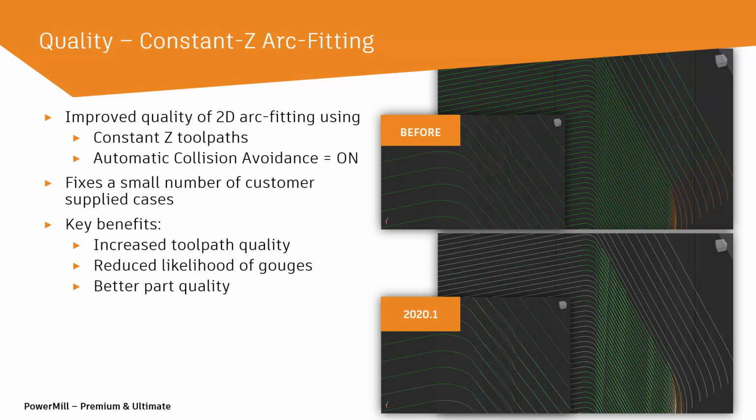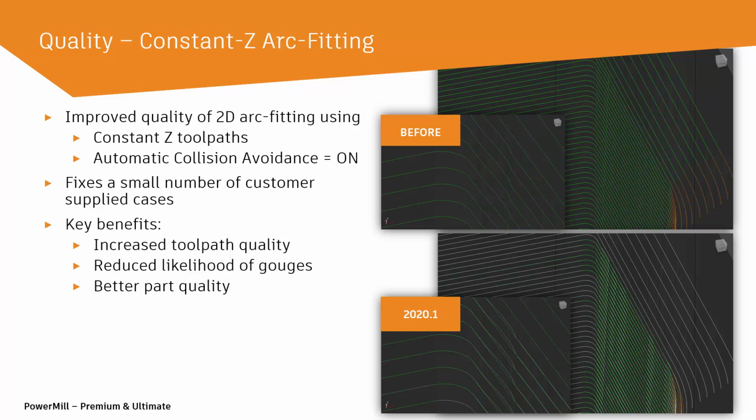Now, we've focused on this and we've addressed a small number of customer cases where the quality of arc fitting in these localized corners could be compromised and result in these sorts of issues. You can see the resulting toolpath in the bottom right-hand corner of the screen. Look closely in the zoomed-in view. You can see the previous toolpath displayed in grey. It's a very faint grey line, but the 2020.1 toolpath is now shown in green.